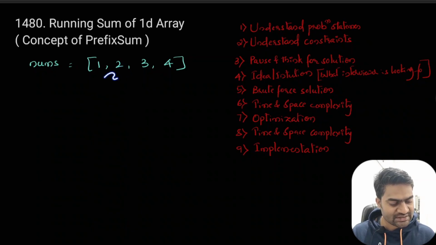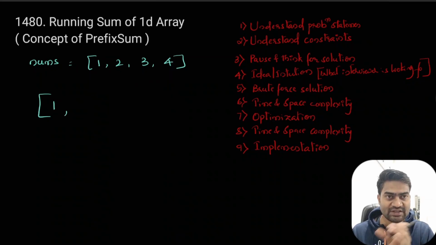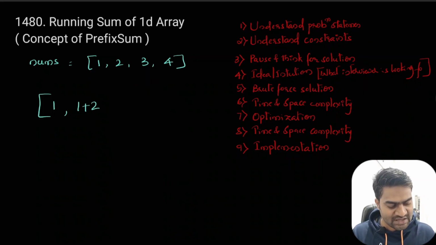Since this is our given array, our running sum array will be: the first number, there is nothing before 1, so it will be only 1. For the second number, there is a previous number which is 1, so we need to add that to that particular number. For the third number, it should be 1 plus 2 plus 3.